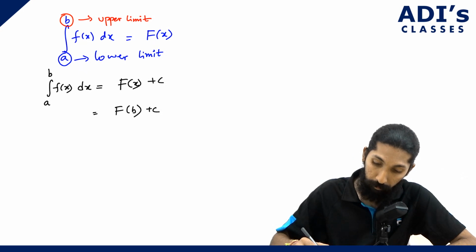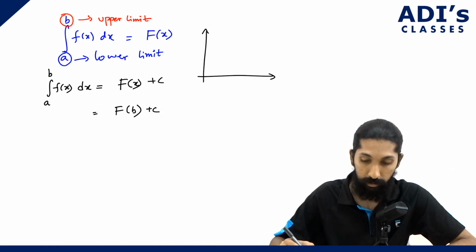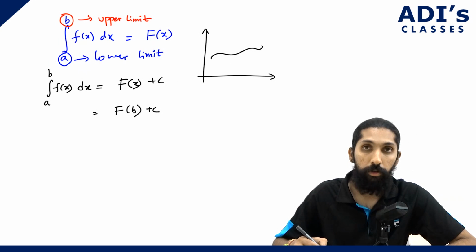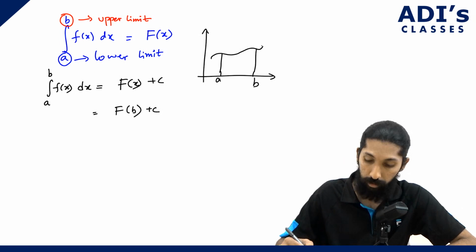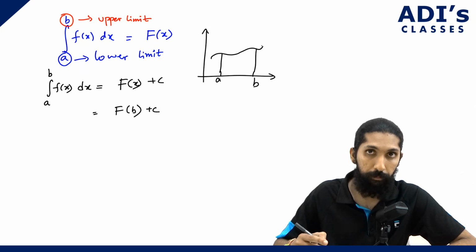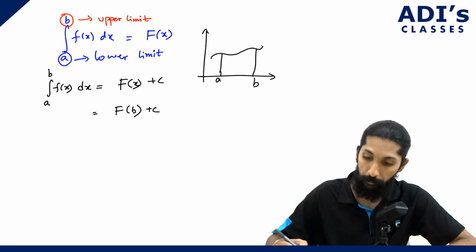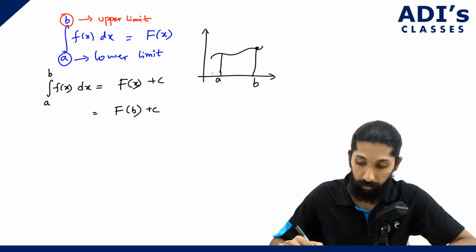If you remember in the last video when we discussed the fundamental theorem of calculus, you had a graph. This is A, this is B. Now, when you calculate capital F of B, that is going to give us the area from this point all the way till here, the whole area.